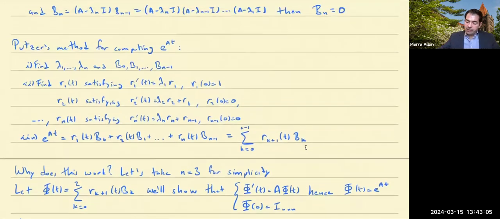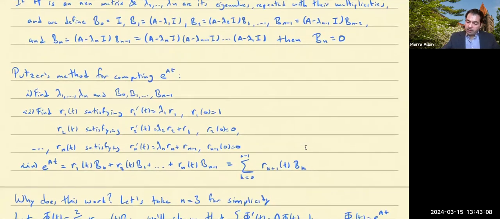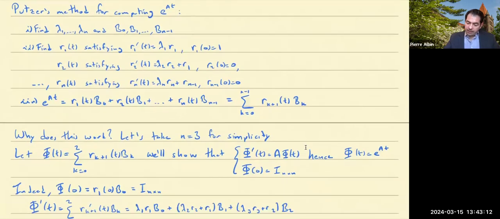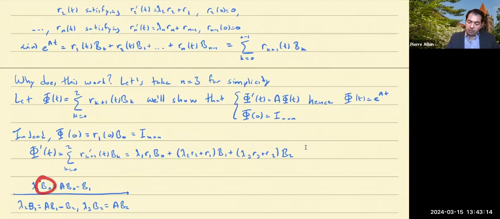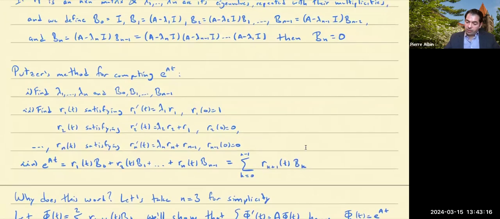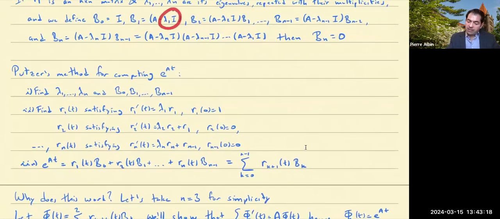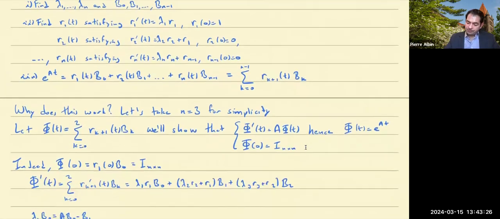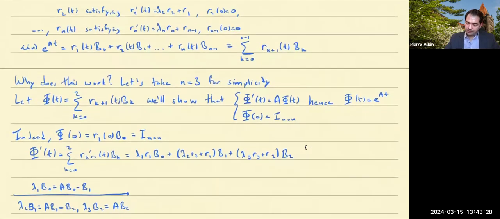So all I'm doing is solving for lambda 1 B0. Remember, B0 is the identity. So if I solve for lambda 1 times the identity, I get A minus B1. If I solve for lambda 2 times B1, I get A B1 minus B2, and so on.